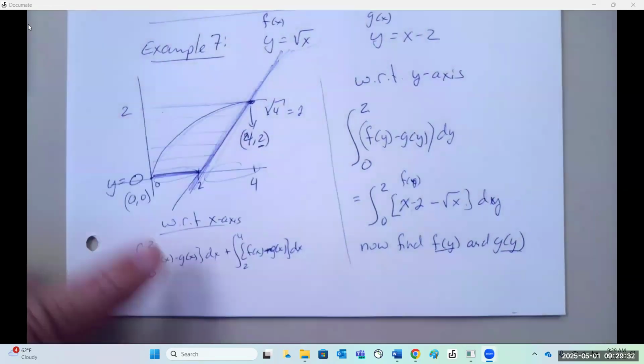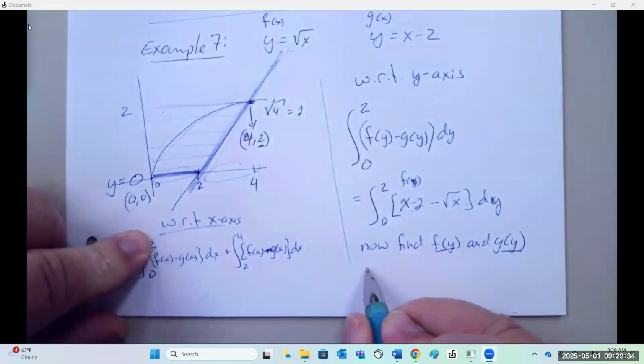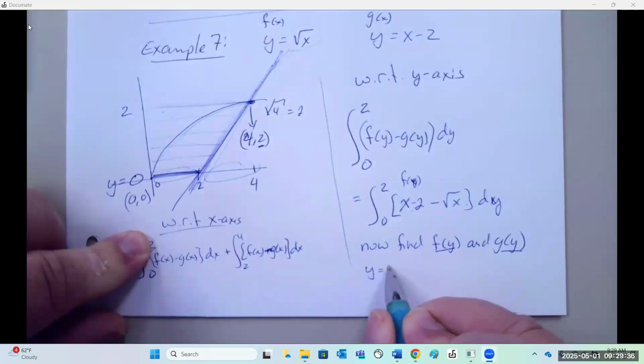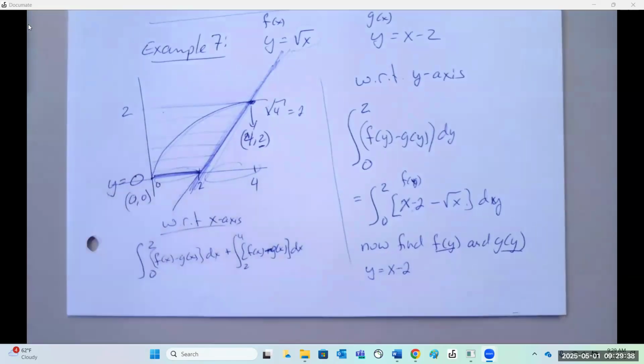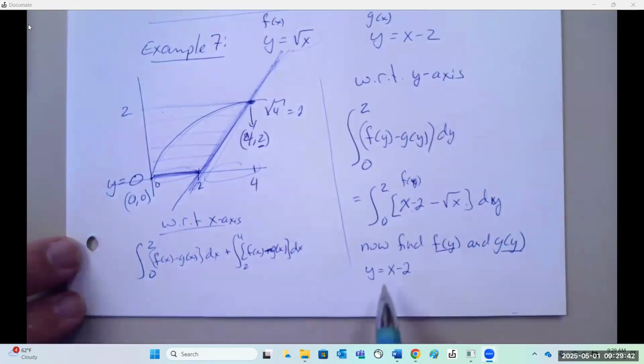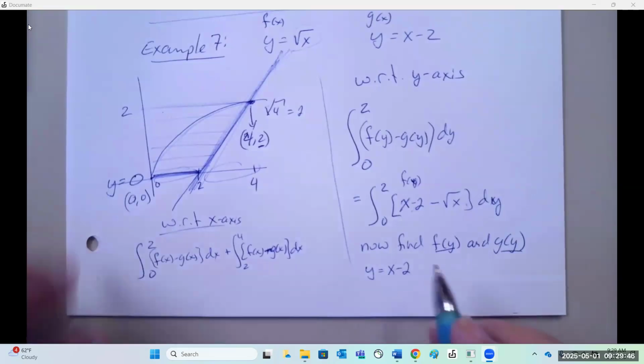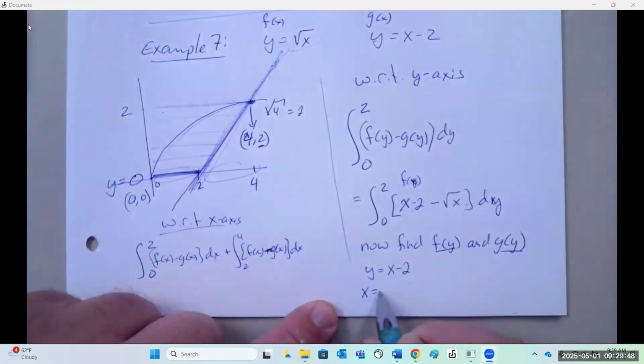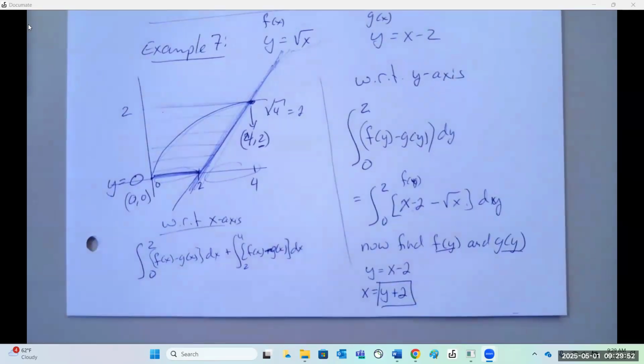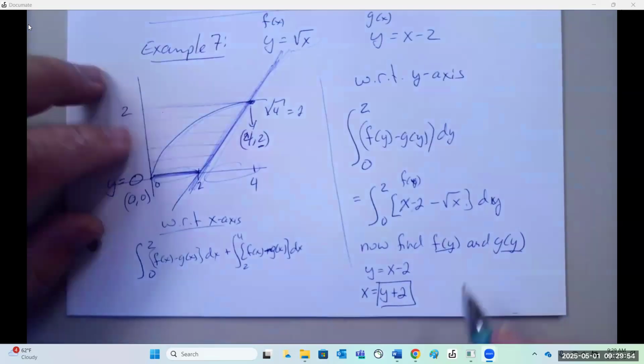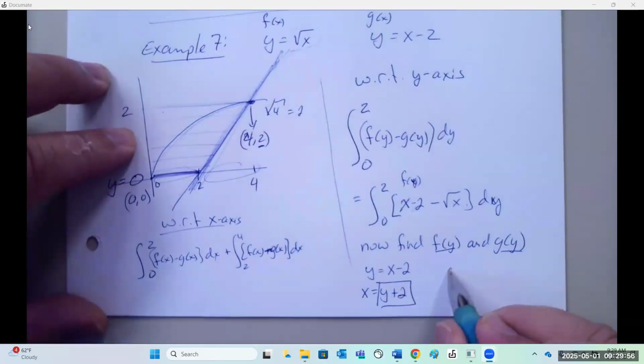For example, this one here is y equals x minus 2. Solve this equation for x. x equals y plus 2. This is the function we'll use.